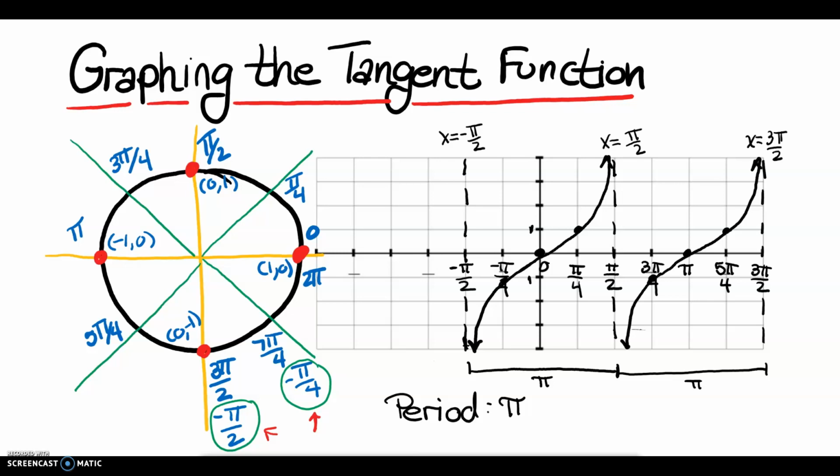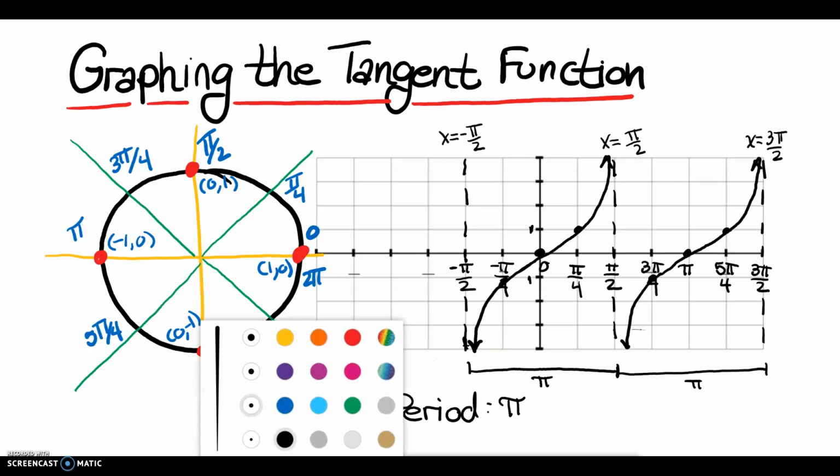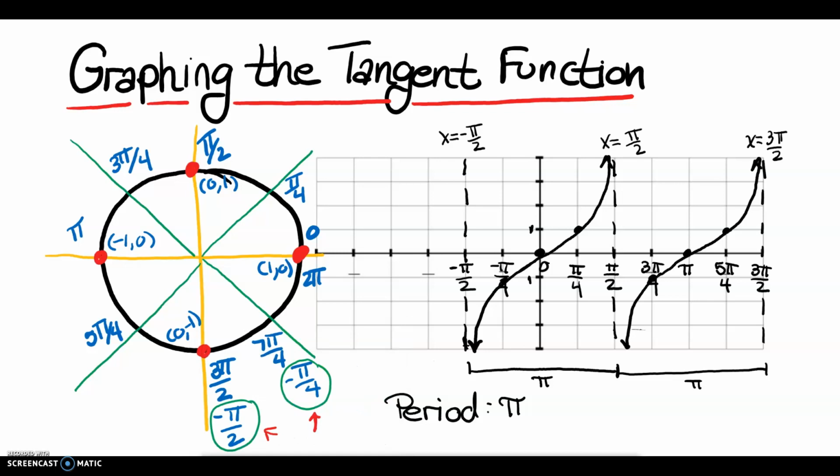So let's go through some steps in graphing. How do we graph the tangent function given an equation? This equation was just a basic tangent function. Y equals the tangent of x. When we graph our tangent function, we're going to be interested in finding the beginning and the end of our period right here, one period.